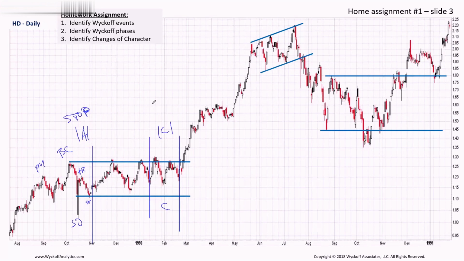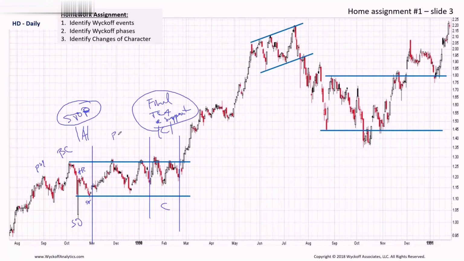Phase C again marks the change of character as the price gets out of the trading range. That's not the intention of phase C. What is the intention behind phase C? What does it do? If phase A is to stop the previous move, then phase C is going to be our final test of supply at the support level. So I want you to remember this by heart.